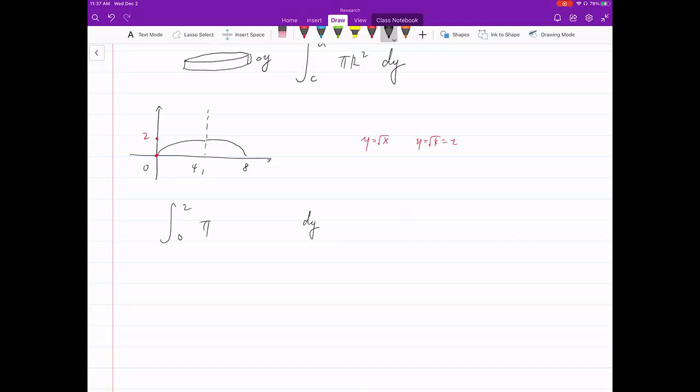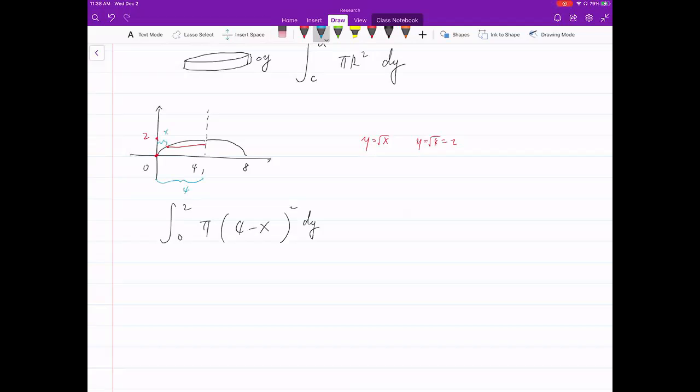Okay. Pi r squared. What is r? R is this. That's the radius, right? What is it? It's the distance between 4 and my parabola. Good so far? So that's going to be 4 minus x. This is 4.